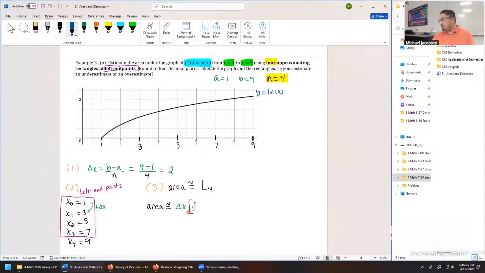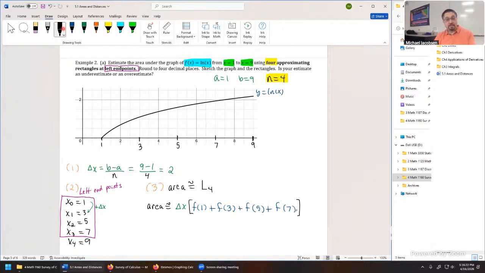It's going to be f at, first, this endpoint 1, plus f at 2, excuse me, not 2, didn't look at my point too clearly, at the next one, which is 3, plus f at the very next one, 5, plus f at the last one, 7.